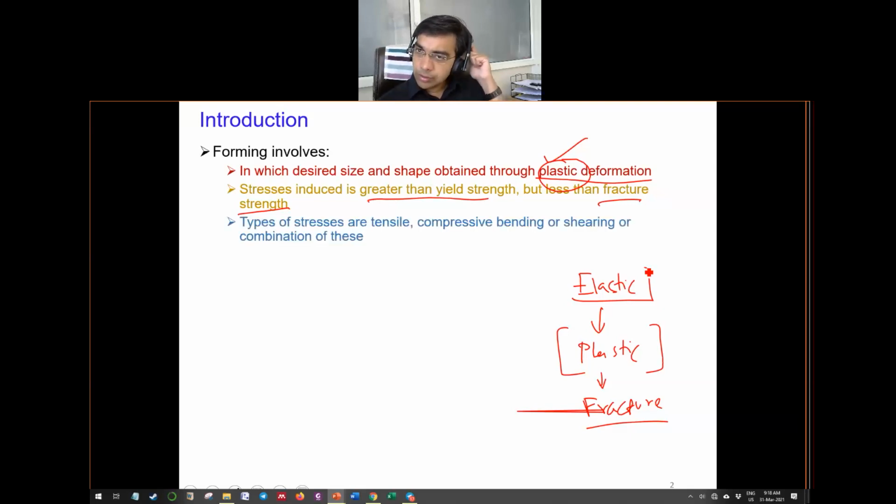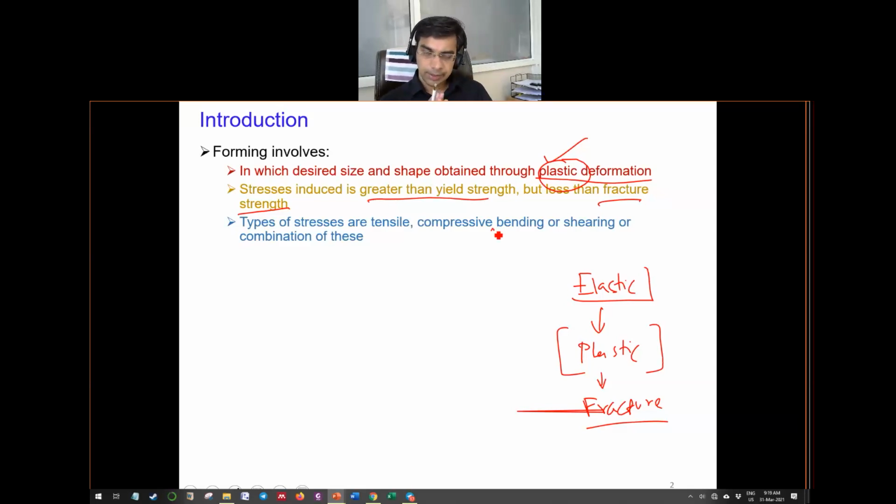In order to accomplish this idea of plastically deforming the workpiece, different types of stresses can be induced on the workpiece, which can be a combination of tensile stresses, compressive stresses, bending stresses, shearing, or a combination of all these may also be used.